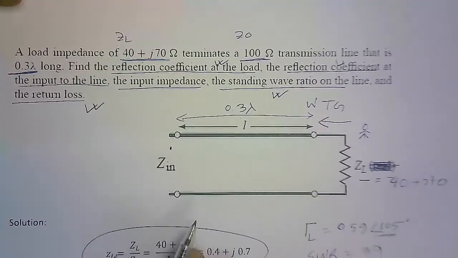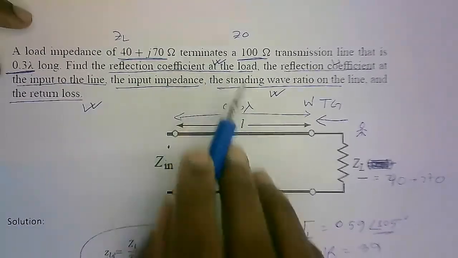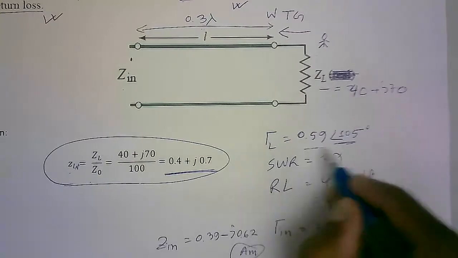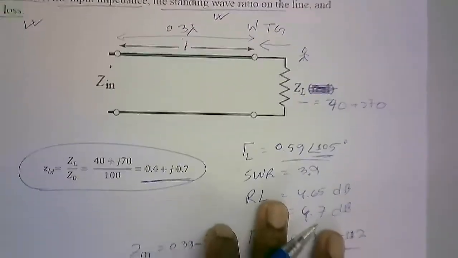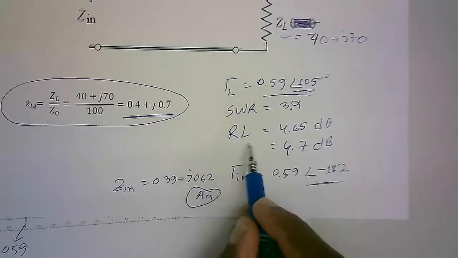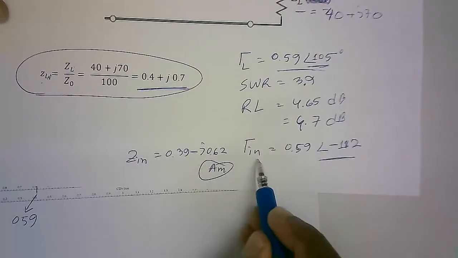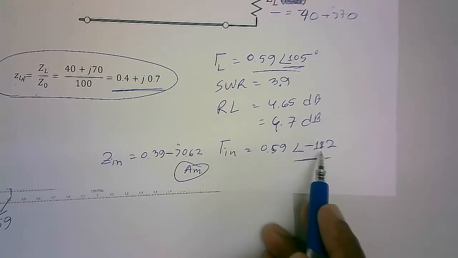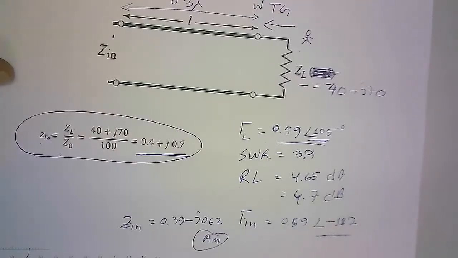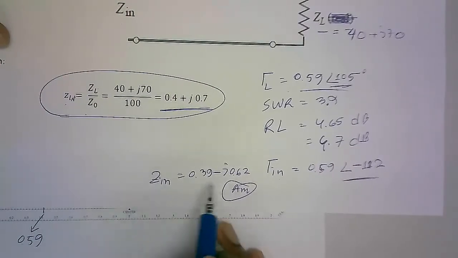The reflection coefficient at the load is this. SWR is 3.9. The return loss is 4.65 or 4.7 in dB. Input reflection coefficient is the same magnitude but different in angle. And then the last thing is the Z in.